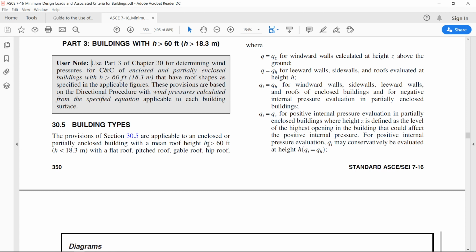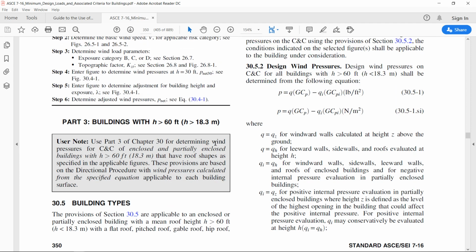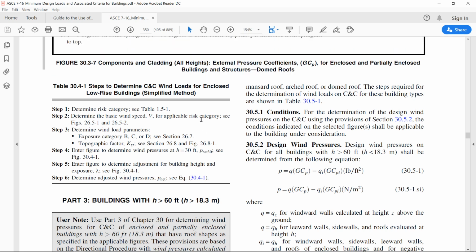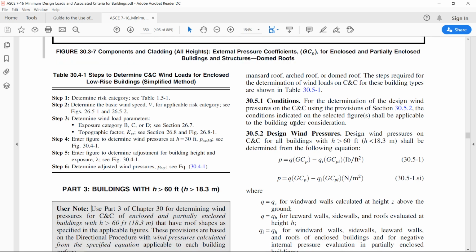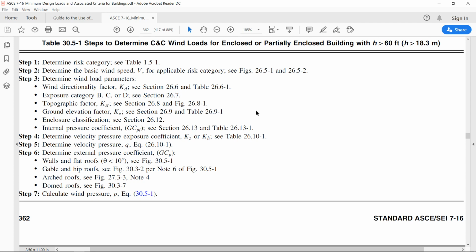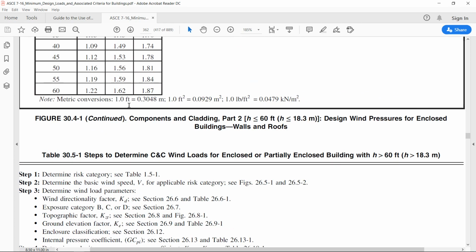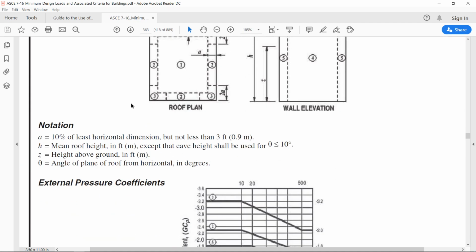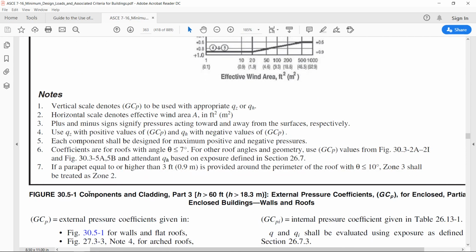So building types, of course it is repeated here, and it is said that for component and cladding of building type as shown in figure 30.5, the equation is the same: p = q times GCp minus qi times GCpi. So we will see when we go to table 35.5, which is part of the figure explained over here, figure 35.1.